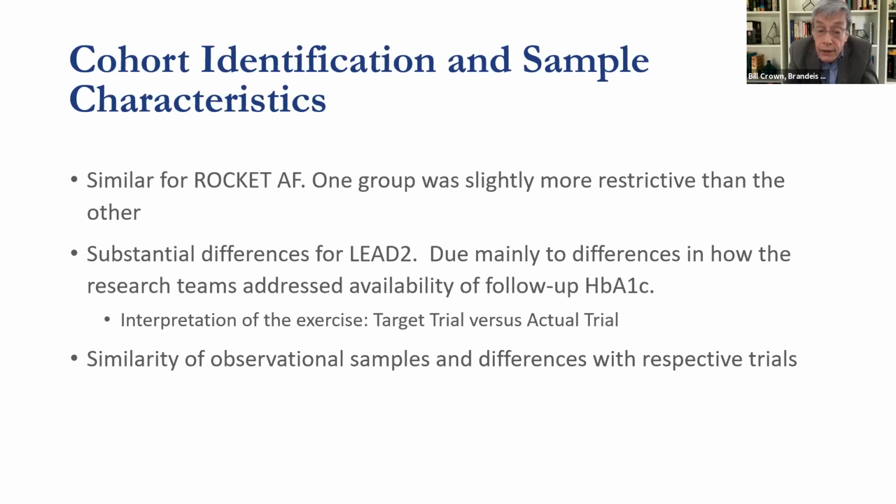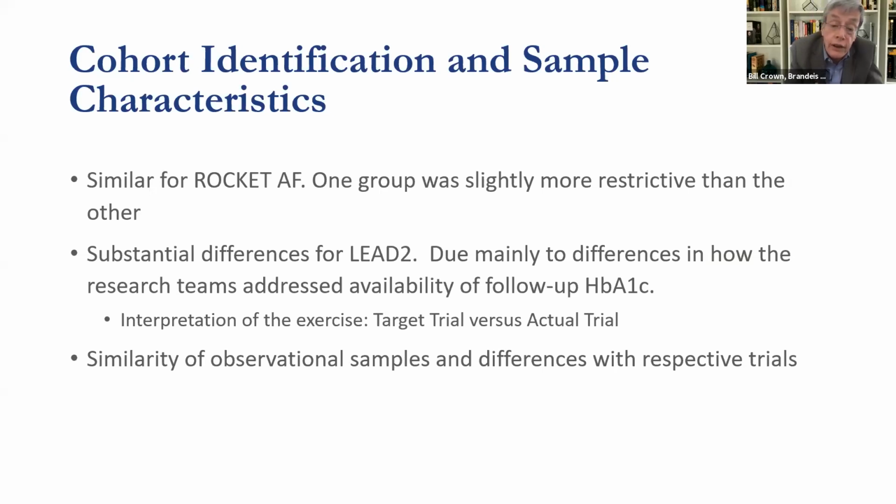Interestingly, the comparisons of the baseline characteristics of the samples that were identified by both groups were very similar. So the missingness didn't seem to be informative in the sense that the samples were very similar to one another. And in both cases, the samples that were identified in the observational data were more similar to one another than to the randomized trials.